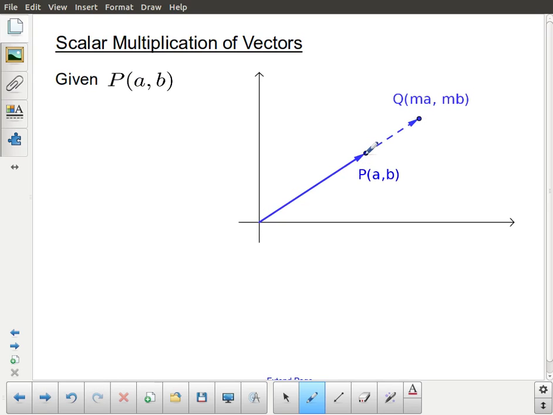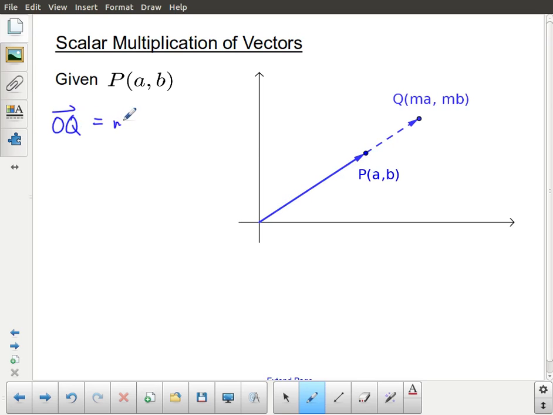So if I start off with a point P and then I extend along that same straight line to some point Q, how do I represent that? Well, what I've done is I've said that the vector OQ, I'm essentially talking about stretching the vector OP.